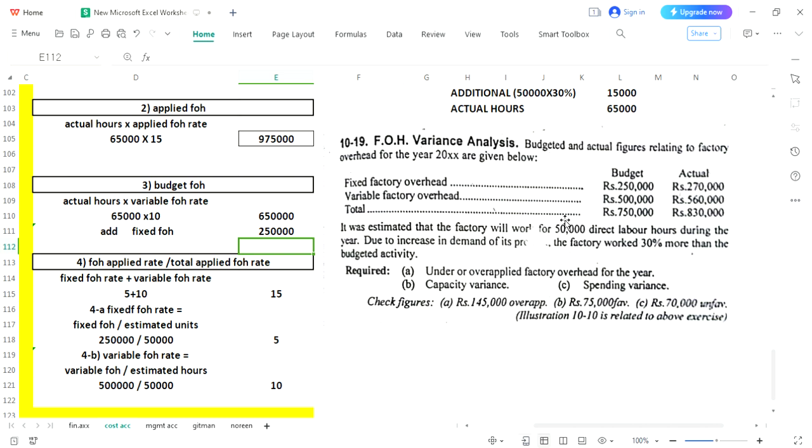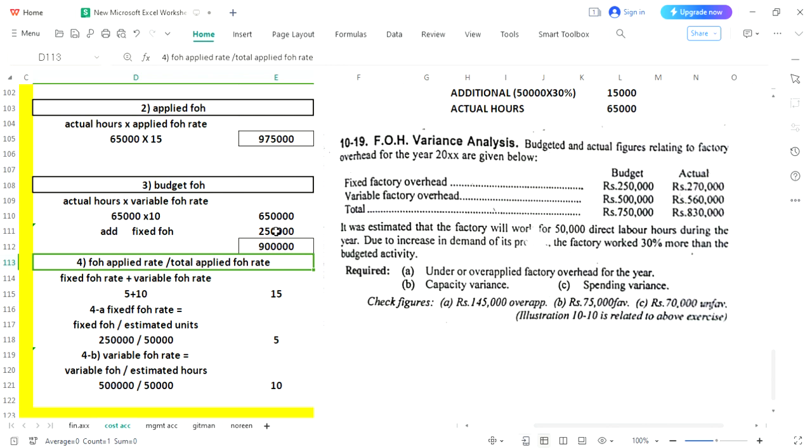How? Since it is written add, you will add your fixed FOH to the above statement 6,50,000. In this you need to add 2,50,000, and this way your budget FOH is calculated as 9,00,000.